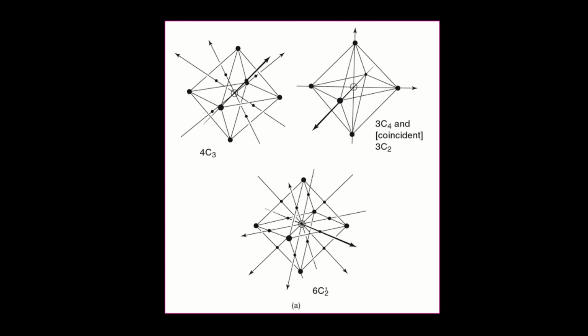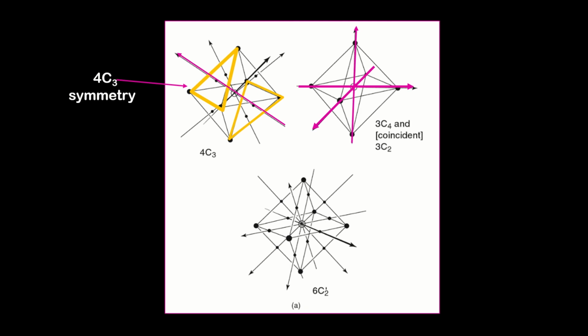Let's discuss one by one. The C3 rotational axis passes through these two triangles. Such 4C3 axes are present in the octahedral molecule. Next, 3C4. This is one, this is second, and this is third. Total 3 C4 axes are present in the SF6 molecule.